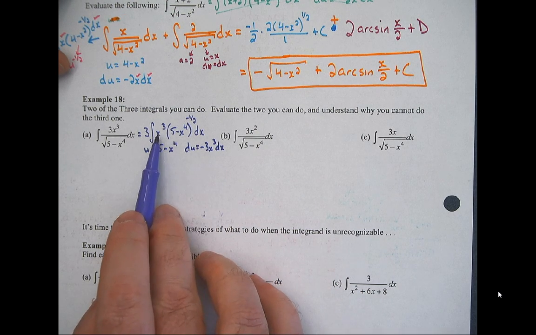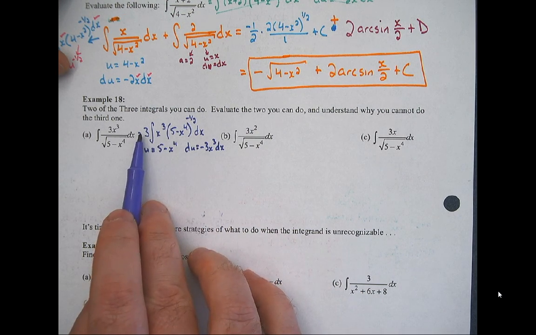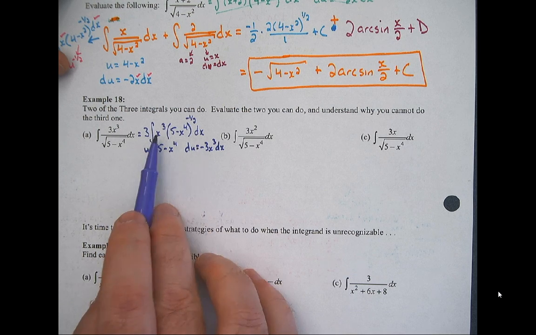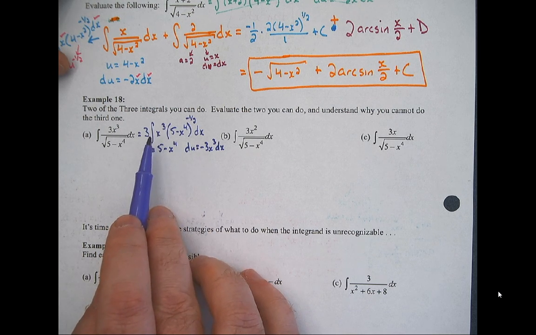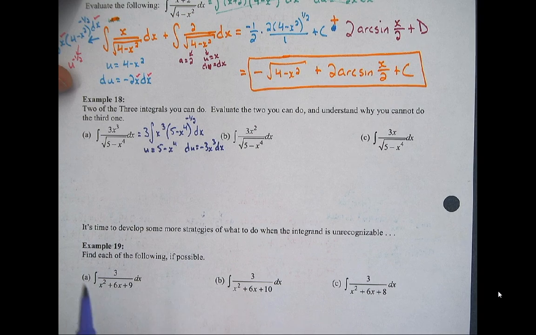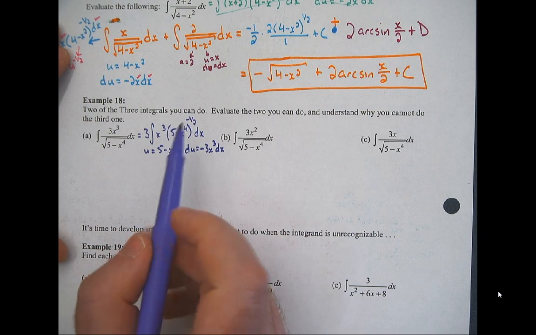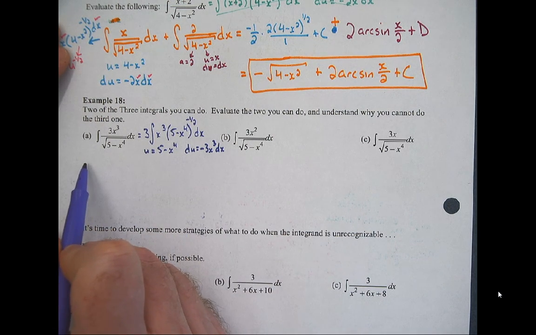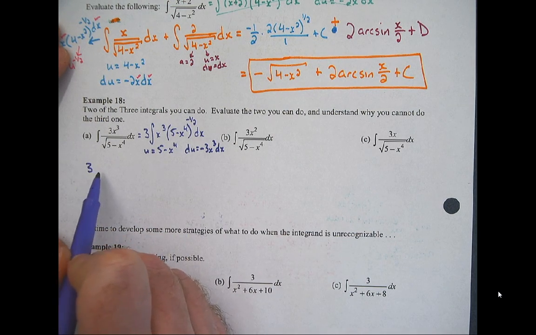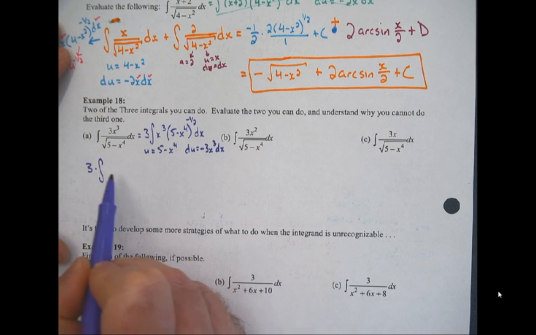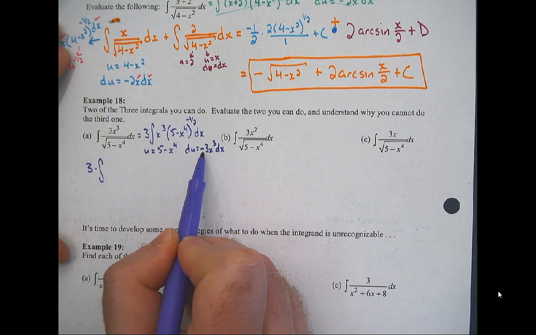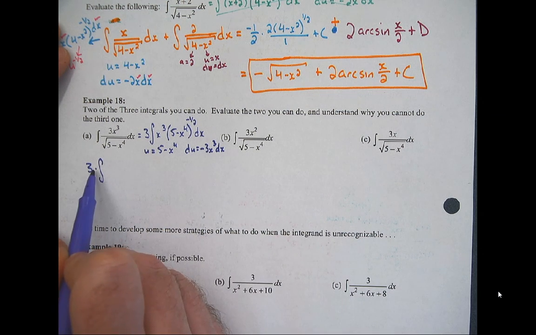I don't have the negative 3, but I've got the 3. We got the negative. I just need to generate the negative, but I've got the x cubed, so I can UDU this bad boy. All right, so let's UDU it. I'm going to write this one up the long way. I'm not going to do pattern recognition. So 3 times the integral. Oh, that was a waste of time.